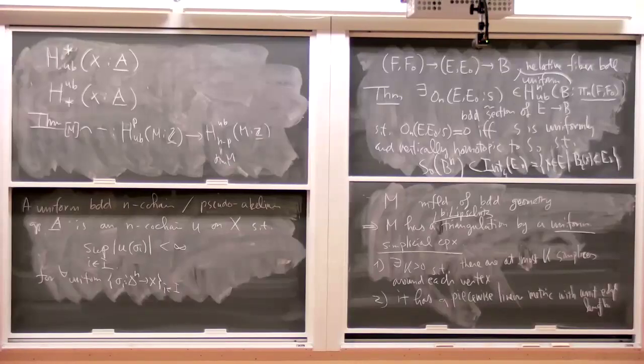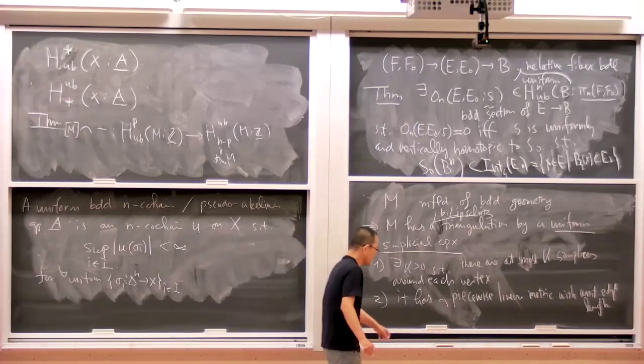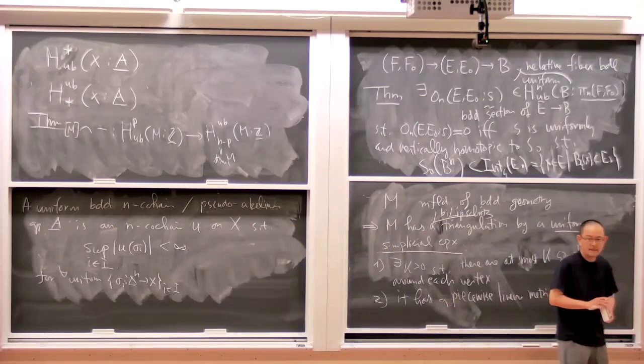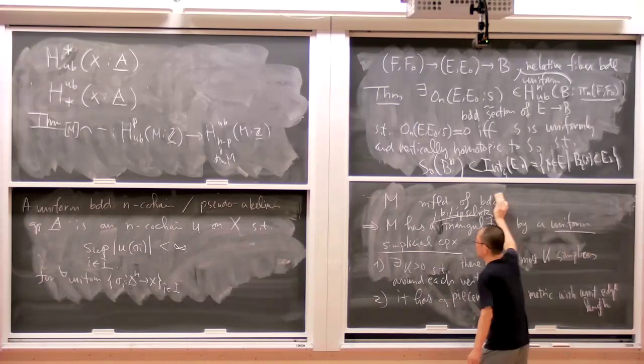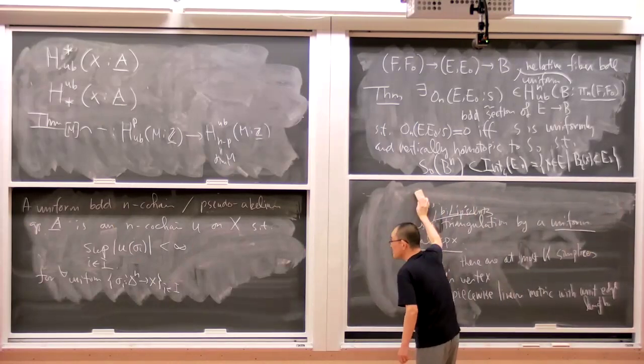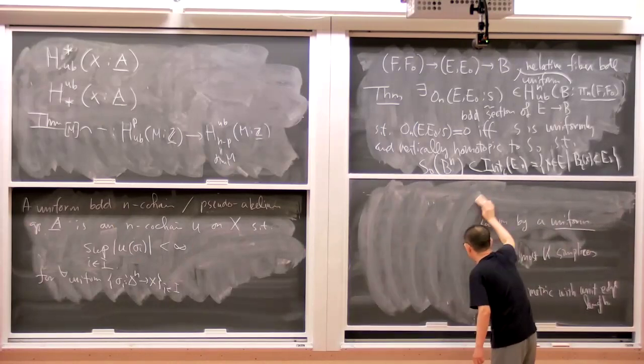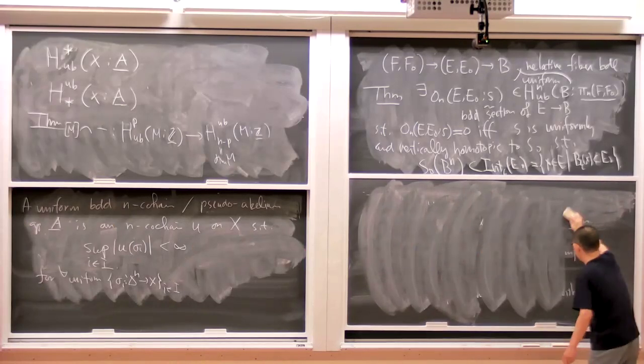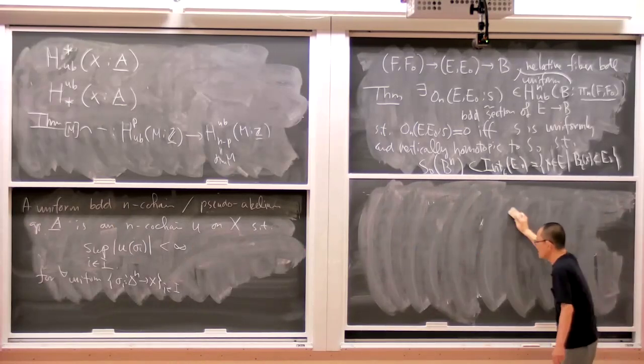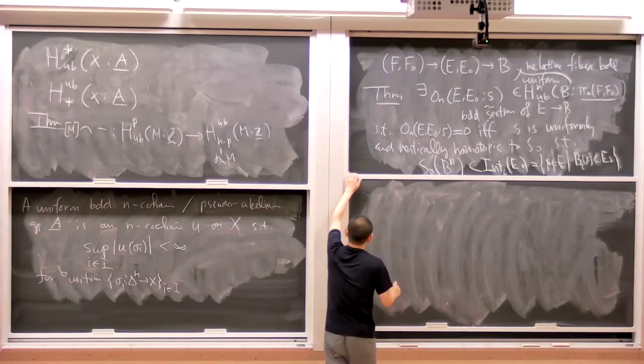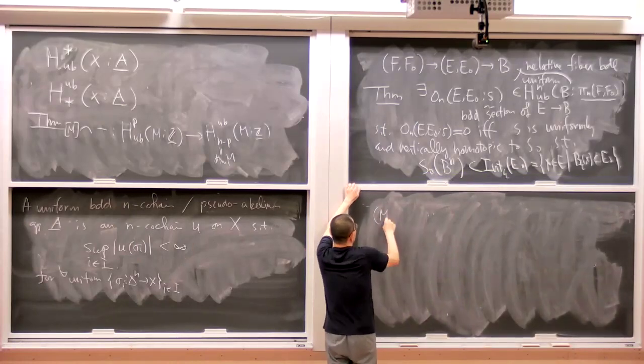So now we apply this obstruction theory to the Fadell-Neuwirth fibration, the relative version.